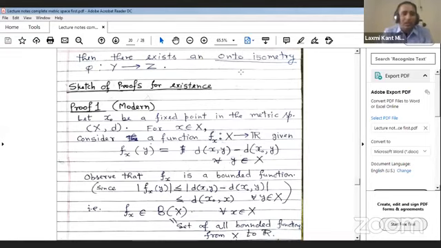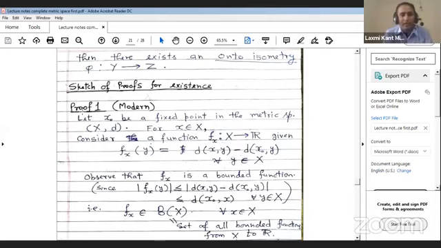Now a sketch of these two statements. We are going to prove first of all its existence. This is the modern proof, and it is quite simple.